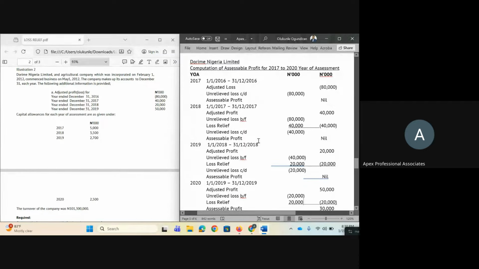Next one: sir, please, does the old rule not apply here? So you are using actual year basis? No, I'm not using the actual year basis. The old rule does not apply for ongoing business because ongoing business will do normal business period. The rule does not affect normal business. So now I understand where the person is coming from. They said the business commenced operation in 2012. Don't forget commencement rule affects 3 years.